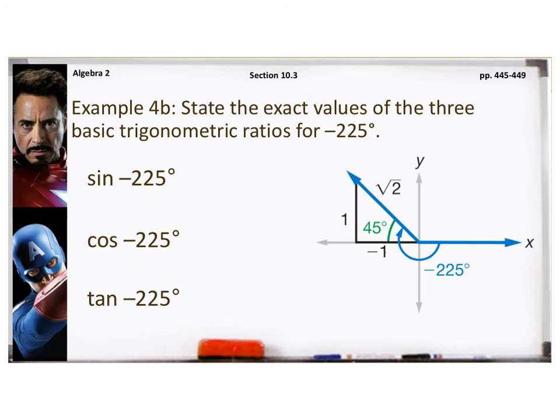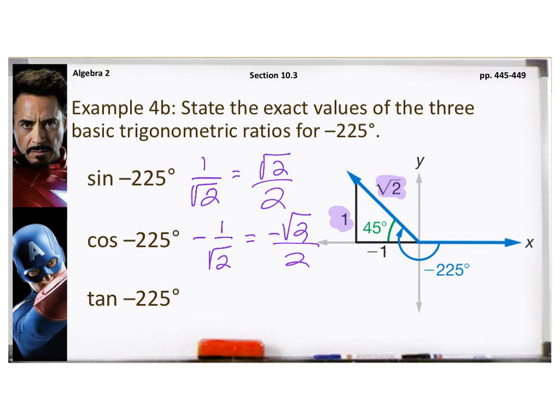So sine is opposite over hypotenuse. I rationalize, and I get that. Cosine is adjacent over hypotenuse. So this is now negative 1 over root 2, which is going to give me negative root 2 over 2 when I rationalize. Tangent is opposite over adjacent. So I'm just at negative 1.